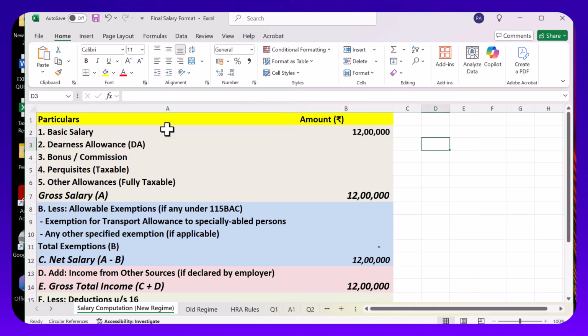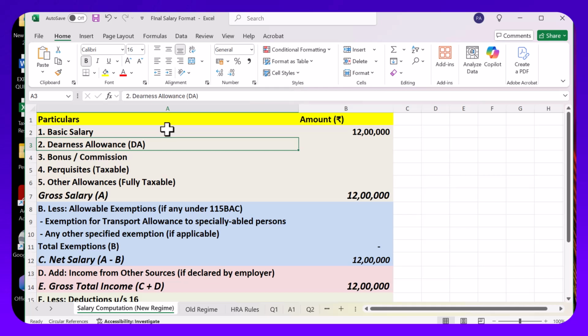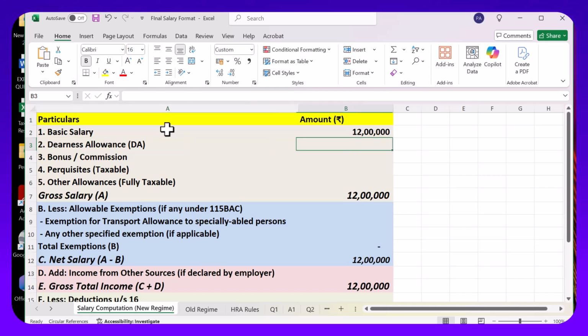When I was working in a company called Balarpur Industries long back, they used to call it COLA, which is cost of living index. We always used to wait, what is the COLA for this year? That means how much percentage it has gone up. So there will be a DNS allowance. Suppose the DNS happens to be, say, 25,000 rupees per month. So it will be 3 lakh rupees per annum. It will be added to your salary, so your salary will become 15 lakhs.